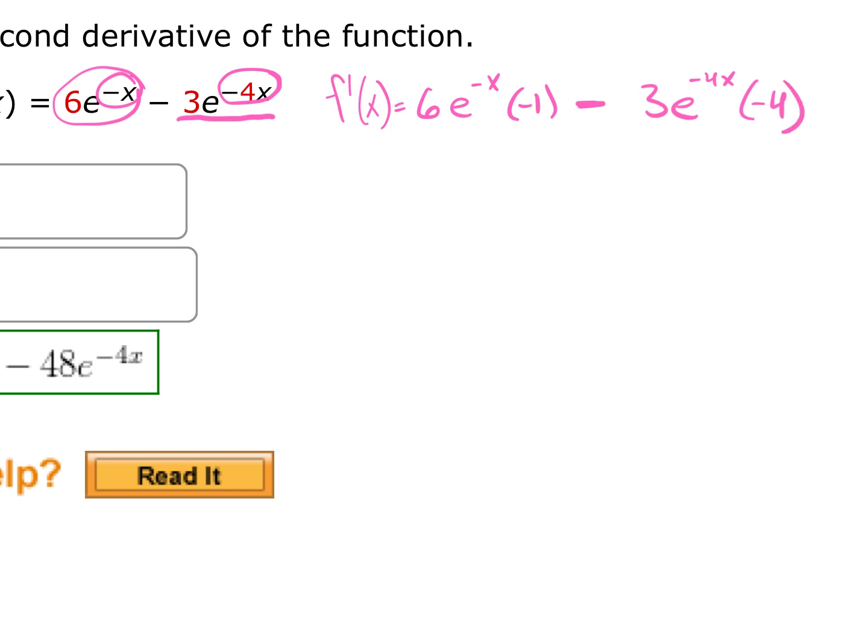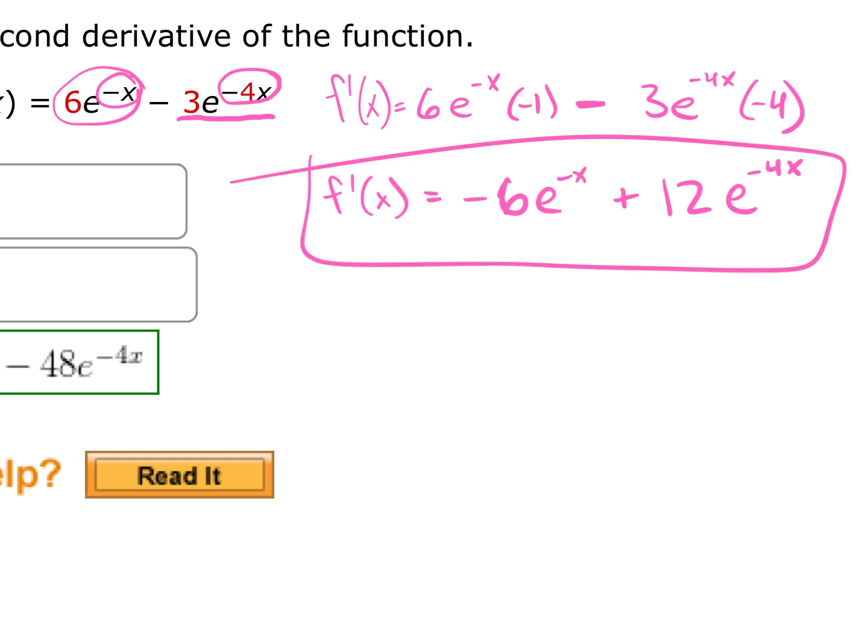So we can simplify this a little bit more. That would give us negative 6 e to the power of negative x, and then plus 12 e to the power of negative 4x. So that would be our answer. If we do the second derivative, you're doing the same thing. So you just take the derivative again.